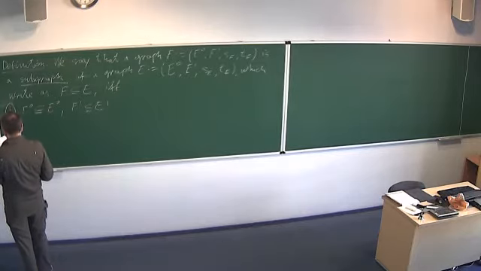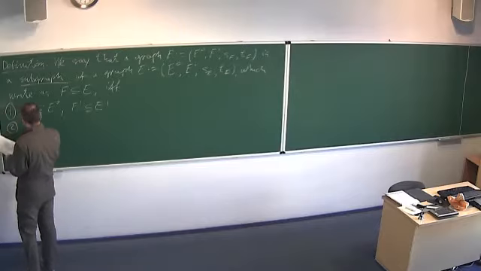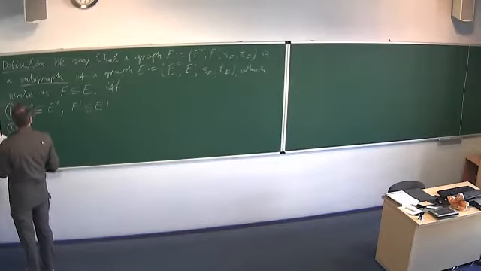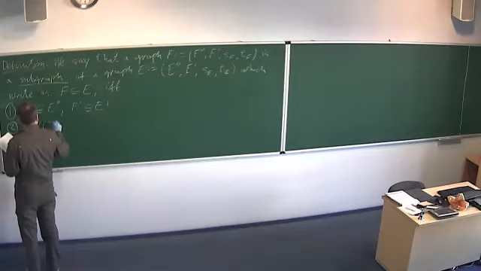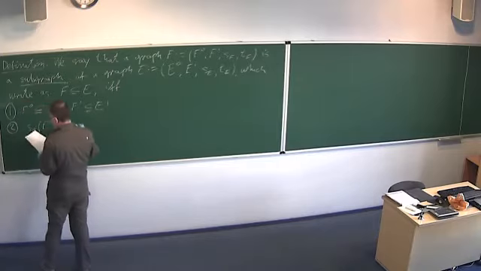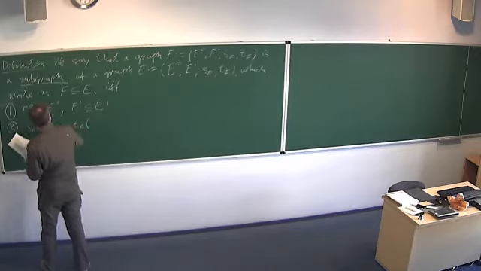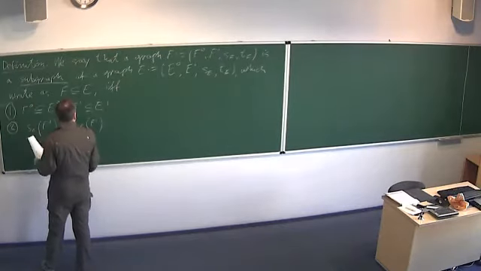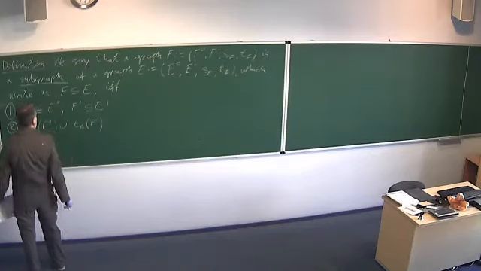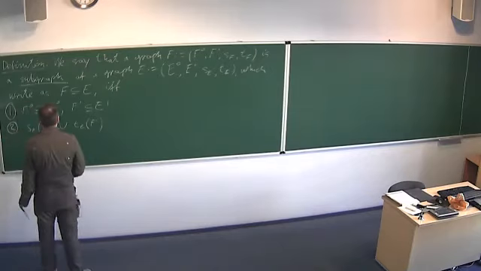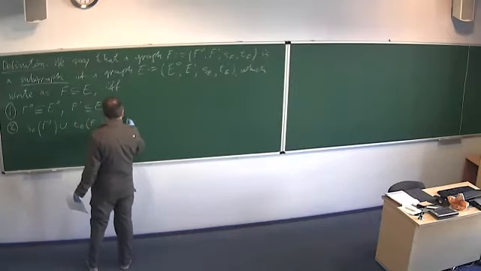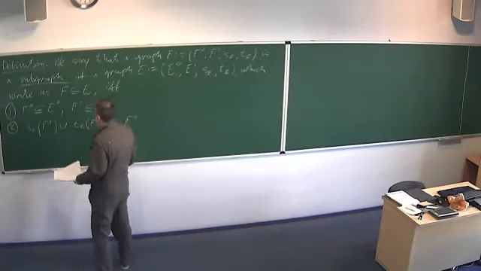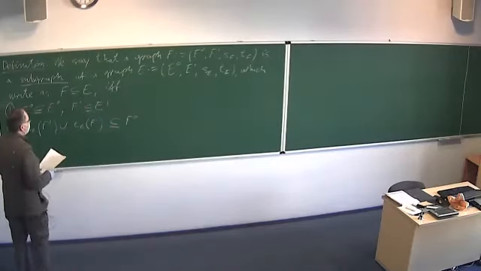When I look at the source map of E, but I restrict the domain to F1, and then I take the target map of E, again restricted to F1, and I take the union of these two images, of course, I have to demand that this be contained in F0.